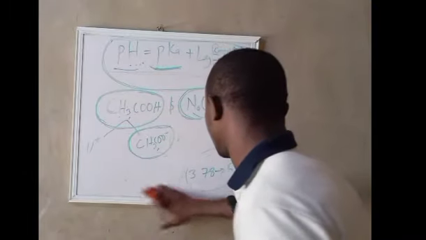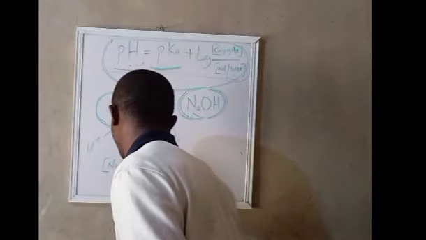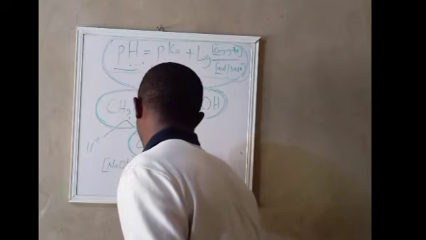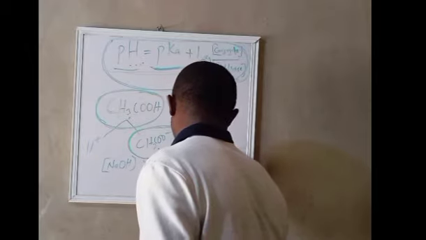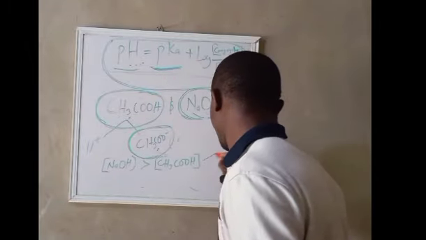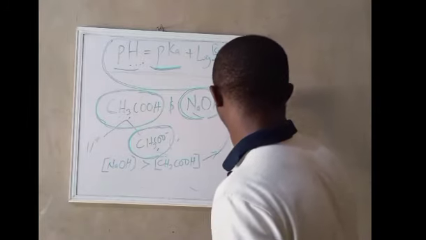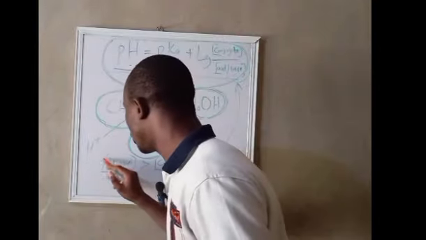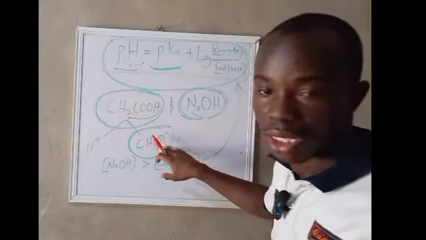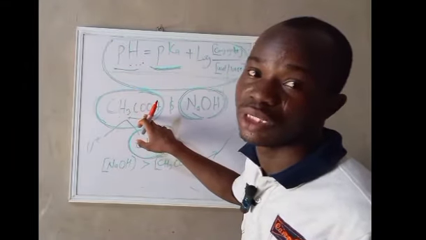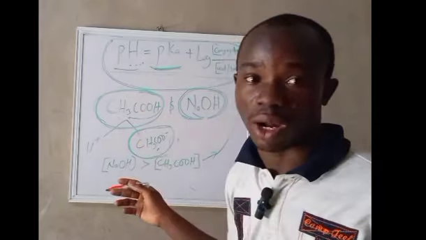So what I'm saying there is that when the amount of NaOH is greater than the amount of CH3COOH, then you don't apply this formula, because the NaOH you are adding will convert all this weak acid to this, and this will no longer be in the buffer system. That means that you are no longer having a buffer.